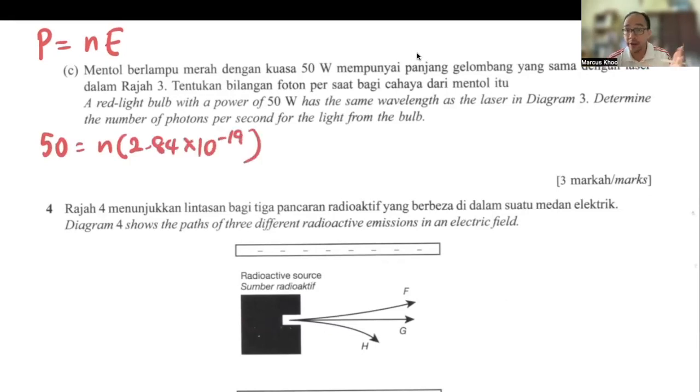It's a very straightforward formula to use. You will get N equals 1.76 times 10 to the power 20 photons per second.